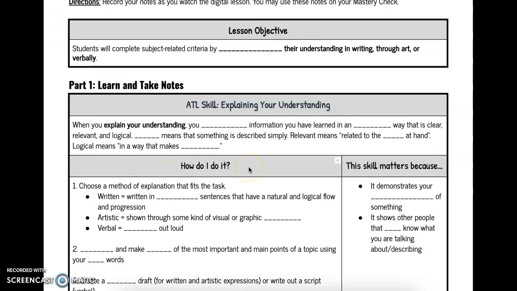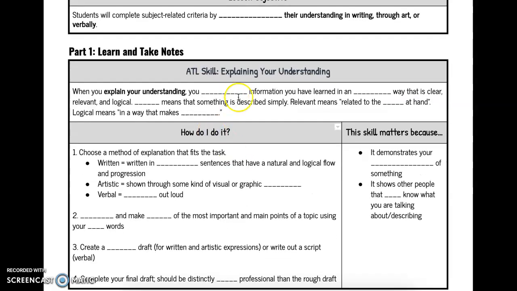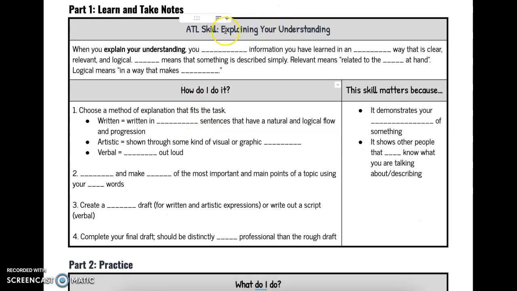Now we're going to move on to two sections called How Do I Do It? In other words, how do I do this skill? And this skill matters because. So let's start with how do I do explaining my understanding. Well, first you're going to choose a method of explanation that fits the task that your teacher has chosen, or whatever the task is that you are completing. It doesn't have to be academic.